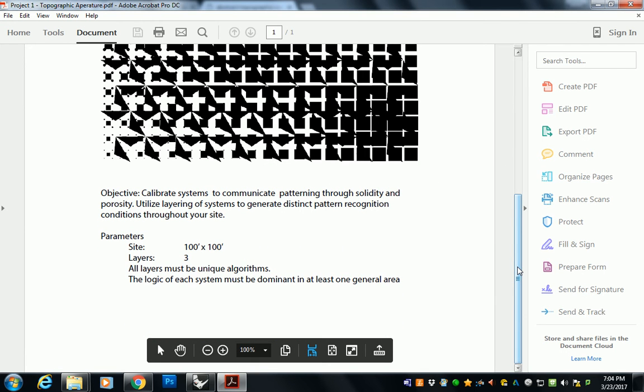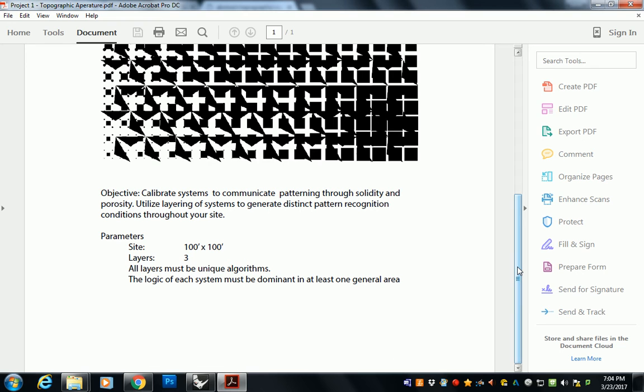Your objective is to calibrate systems, and calibrating is really important, to communicate patterning through solidity and porosity. Utilize layering of systems to generate distinct pattern recognition conditions throughout your site. Okay, so the key there is calibration and patterning.